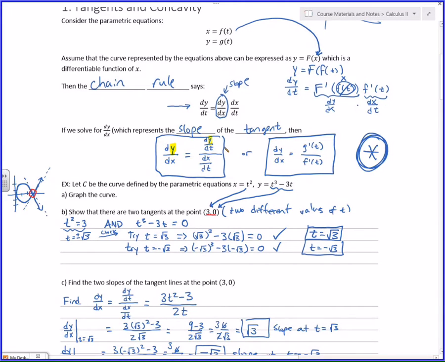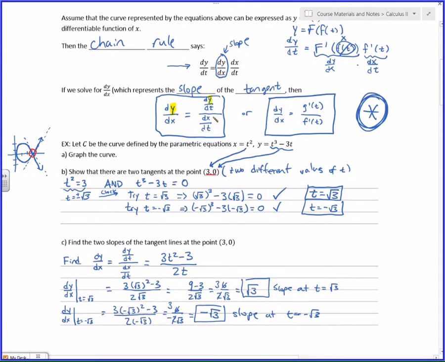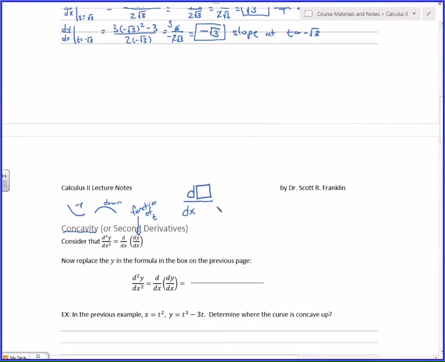So instead of having dy/dx equals dy/dt over dx/dt, it's going to be d whatever, in this case the derivative, equals d whatever/dt over dx/dt. And the whatever is now my dy/dx.